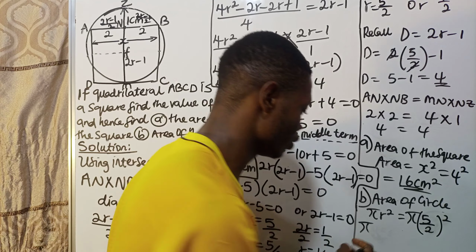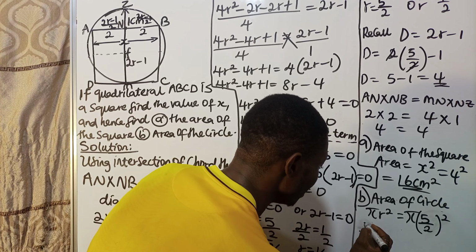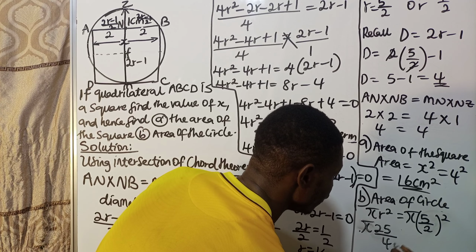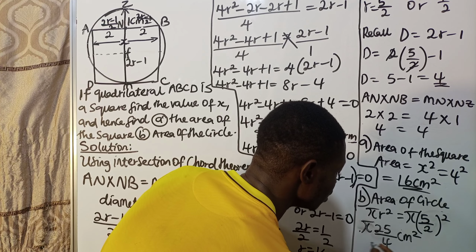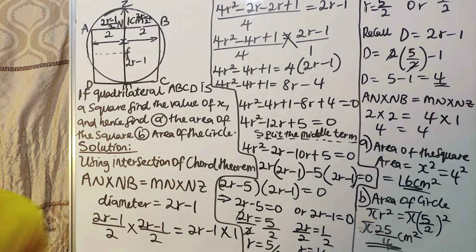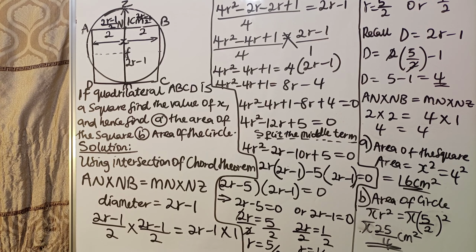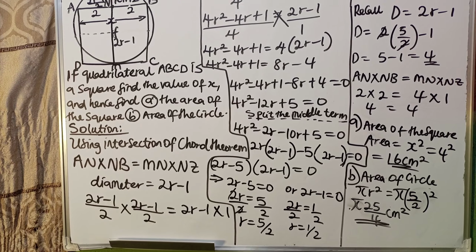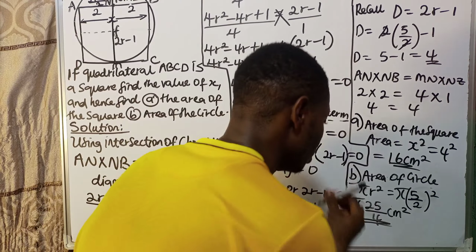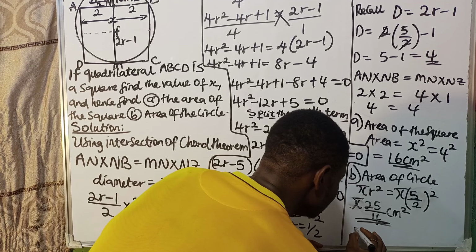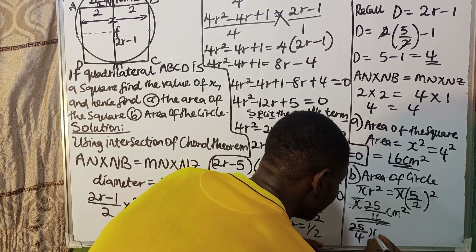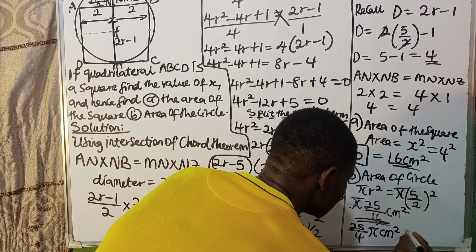Okay, it will now be pi 25 over 4 centimeter squared. So this is our answer. I hope you can see it from there. So this is our answer, or you can still write it like this: 25 over 4 pi centimeter squared.